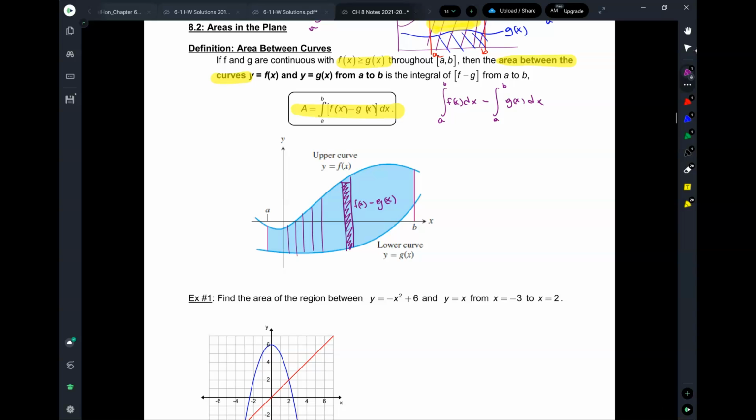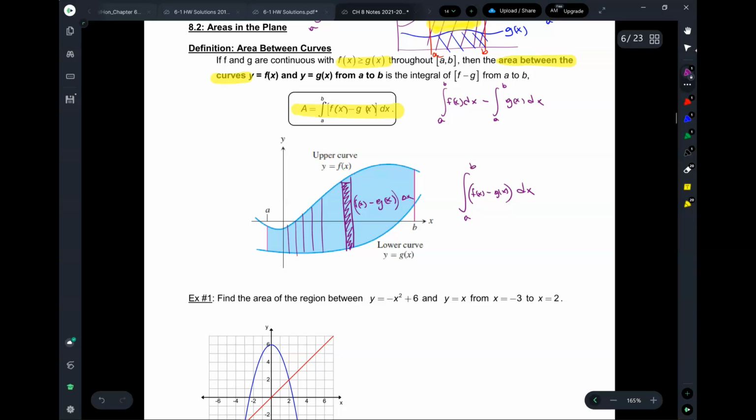So the area of each rectangle is f of x minus g of x times delta x. And then when I add them all up, it'll be f of x minus g of x times delta x, that's just dx, added up from a to b.